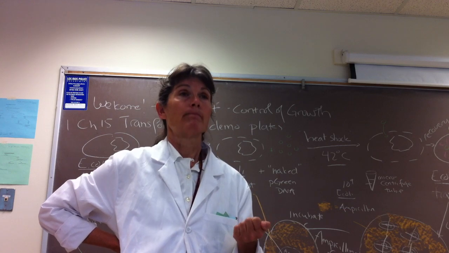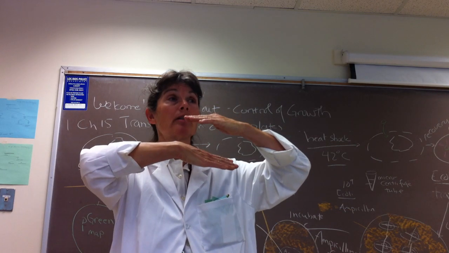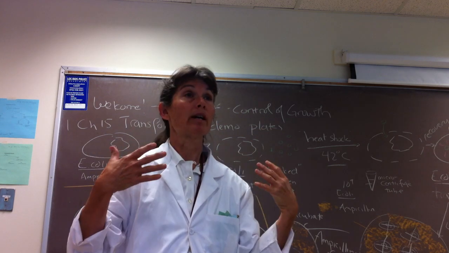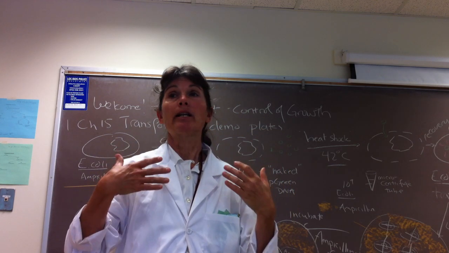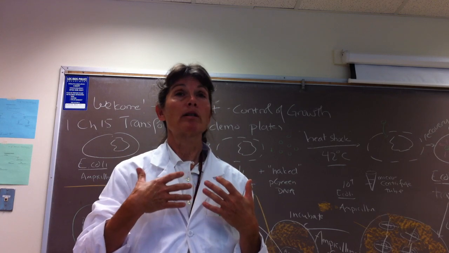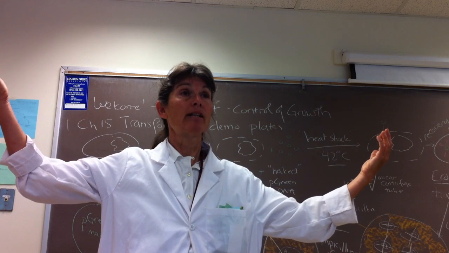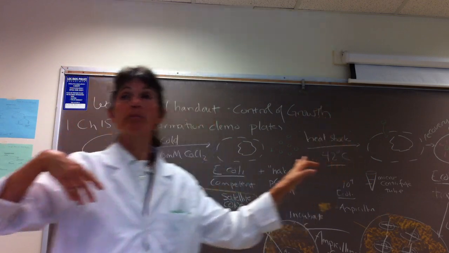What won't occur? The peptidoglycan cross-linking won't occur. So if peptidoglycan isn't cross-linked, what's going to happen if the bacterium is growing in a hypoosmotic environment? Osmotic lysis. They die. So that's the mechanism of the ampicillin.